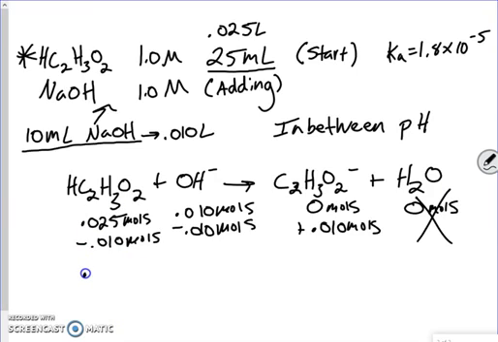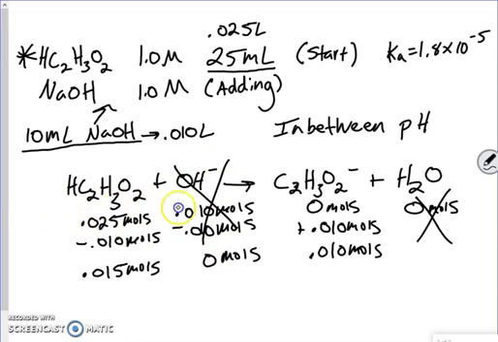So from here, what we're left with is 0.015 moles, 0 moles of hydroxide, and 0.010 moles of the acetate ion. Okay, so from here, what we can do is recognize that with the hydroxide being gone, used up, the only species we have left in solution are the acetic acid and the acetate ion.